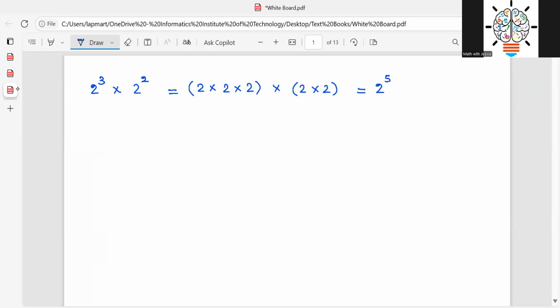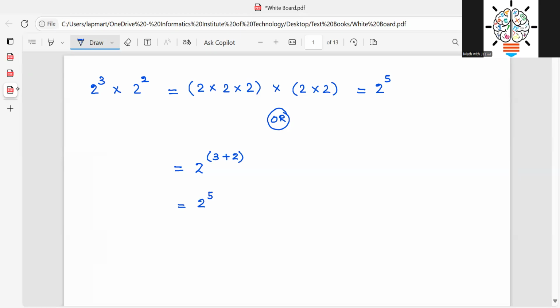Okay. So can't we write this straight away? If you have the same base value, 2 is the base value here, and you have the multiplication, what we do, without writing this expanded version, we just add the indices like this, right? So then I write 2 to the power of 5.